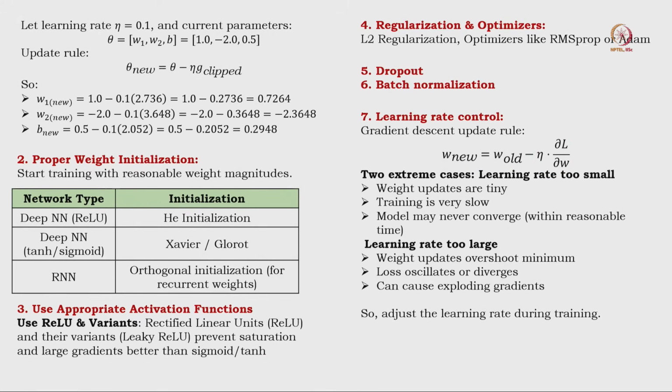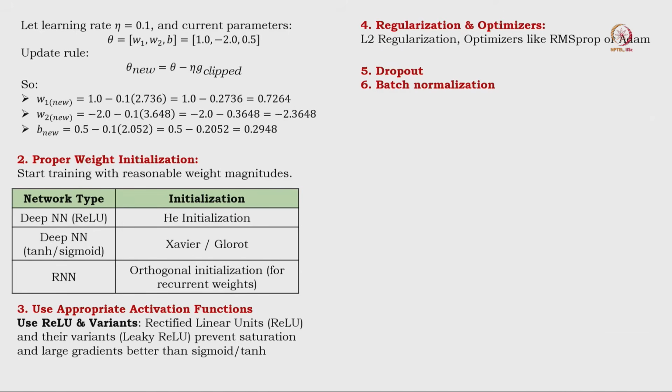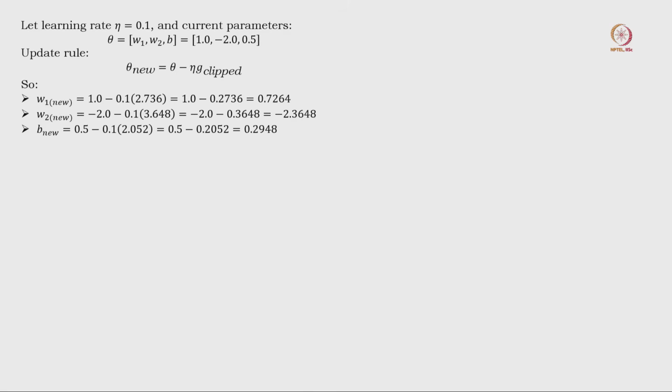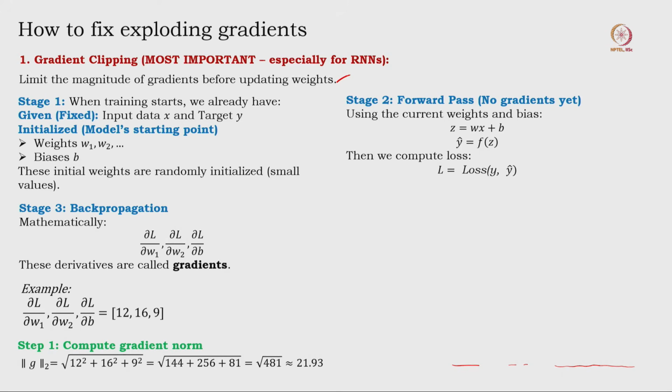These are some of the techniques that are used for avoiding the exploding gradient problem. This is not specifically with respect to RNN; what we are discussing is in general. And more specifically for RNN, we can go for the gradient clipping method.